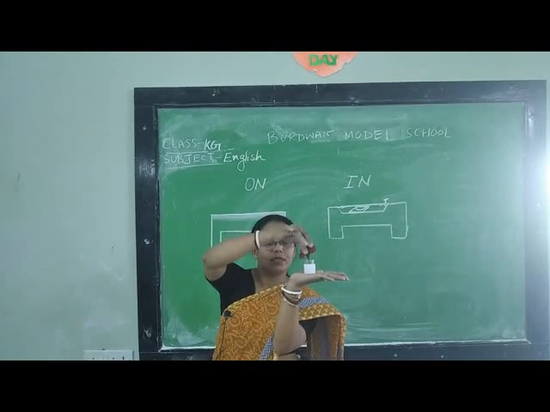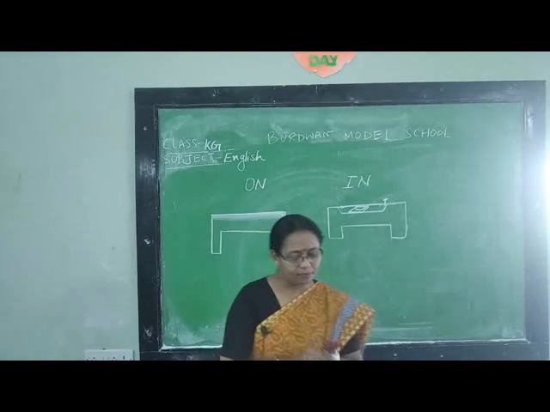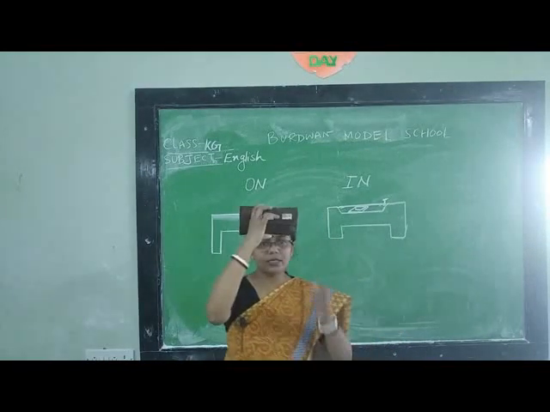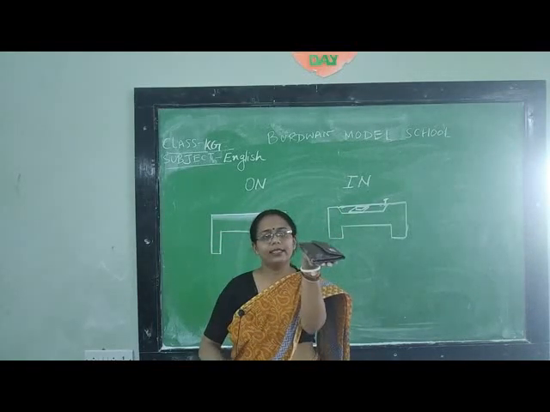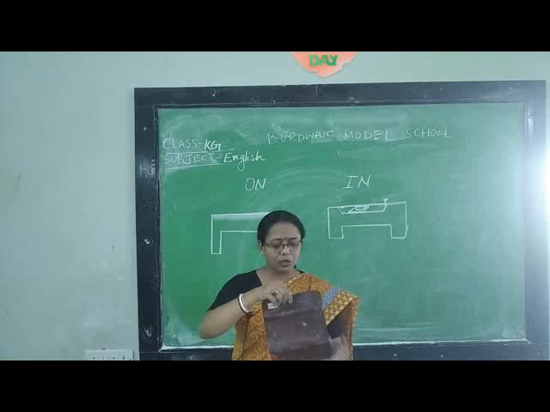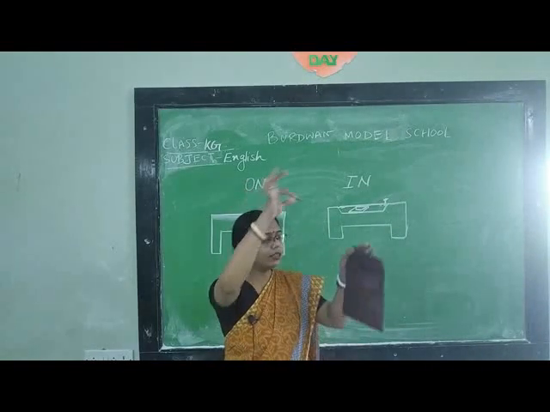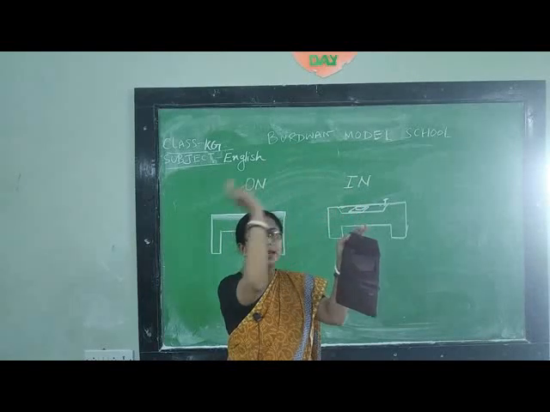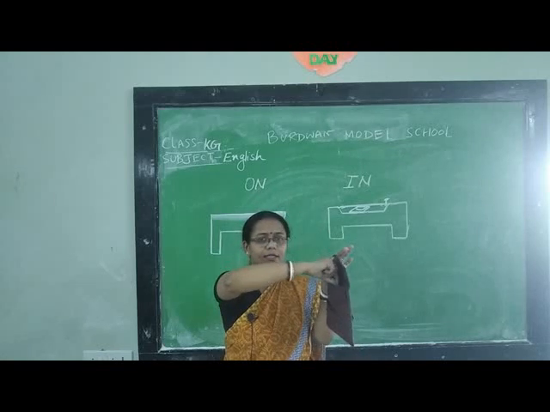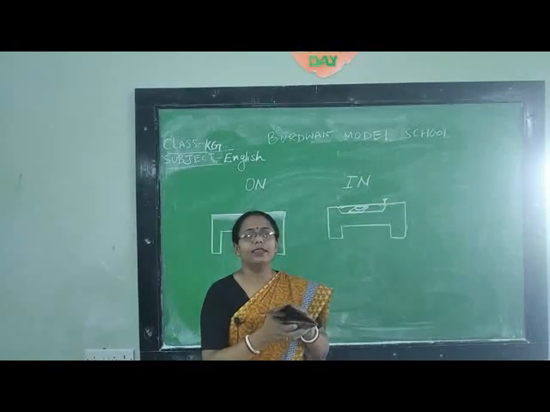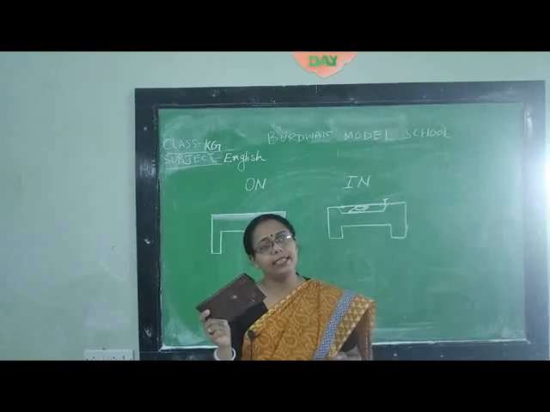It has a depth in the bottle. Here is the purse, it is kept on the hand, and the money is kept in the purse. So this is the difference where we use on and in.